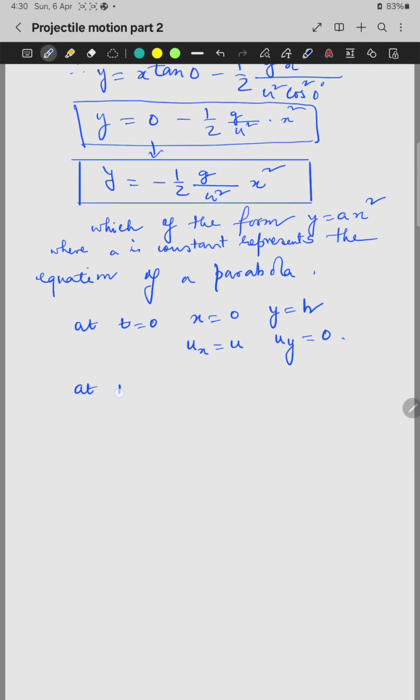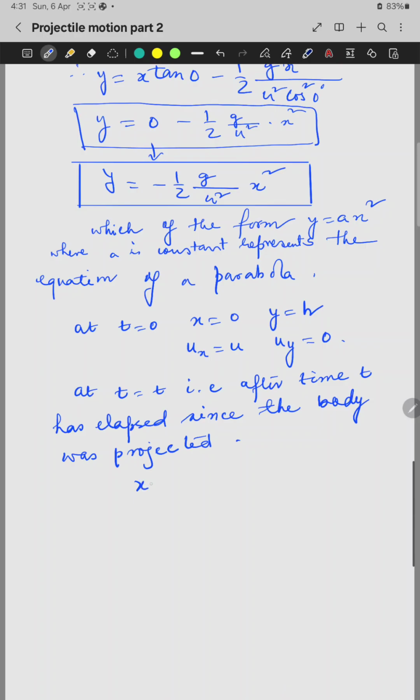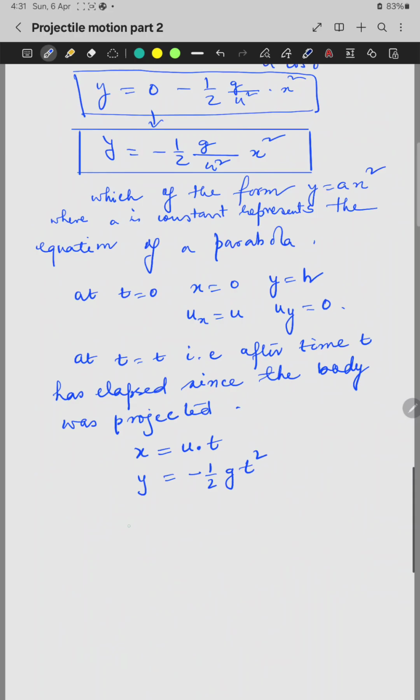Now at t equals t, that is after time t has elapsed since the body was projected, x is given by u into t and y is given by minus half g t square, and Vx will be u and Vy will be minus gt.